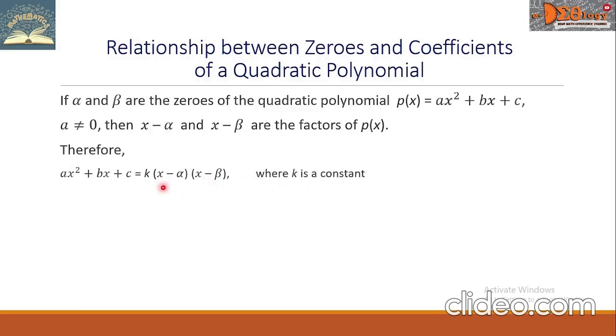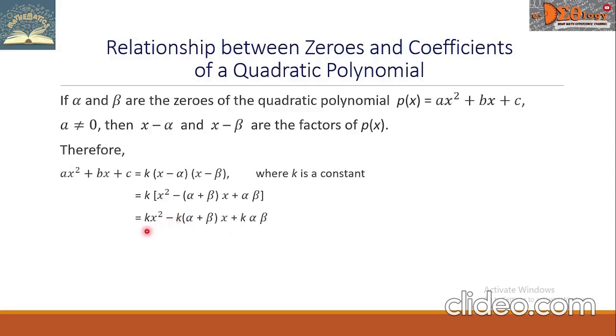Let us multiply x minus alpha by x minus beta, and it will be like this: k, the constant outside, times x squared minus the quantity alpha plus beta times x plus alpha times beta. Now, let us distribute this k to all the terms inside.